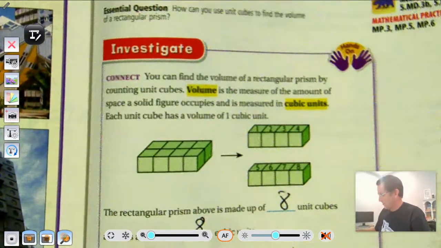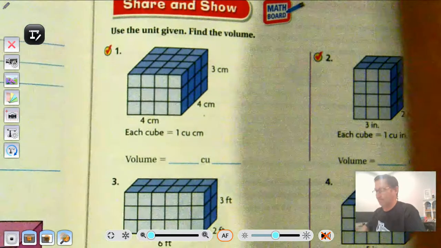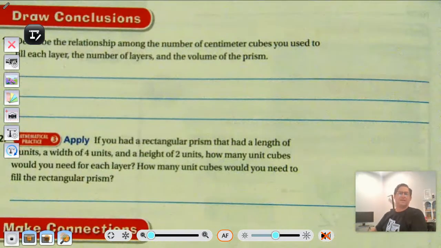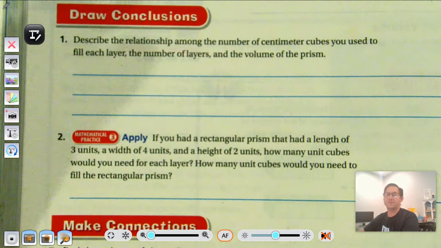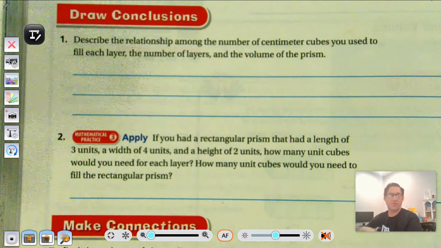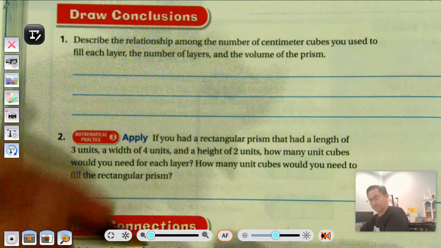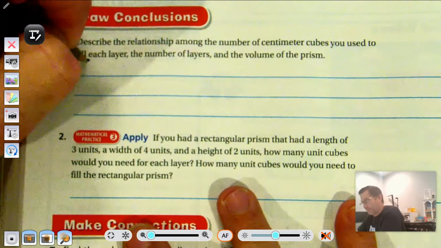So let's look at page 488. Okay. So describe the relationship among the number of centimeter cubes you use to fill each layer, the number of layers, and the volume of the prism. Well, so what did we do?